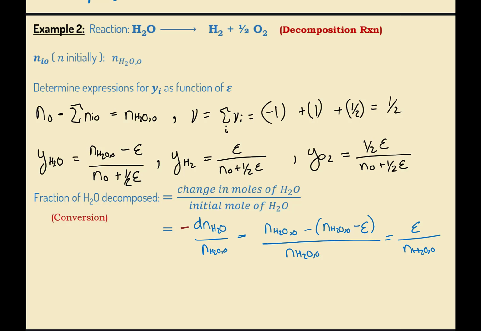The change in moles is the epsilon if this is 1. So the conversion is exactly the reaction coordinate if my initial number of moles of water is 1. If this is 1, then this is equal to this.